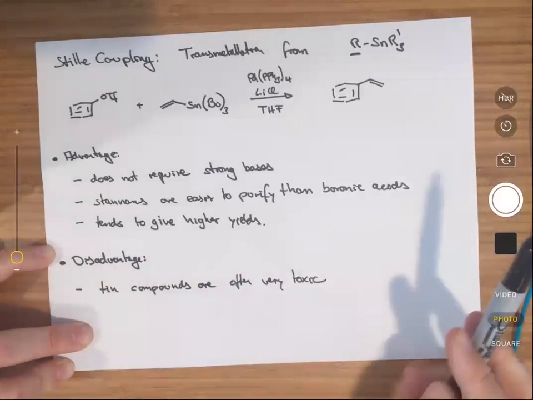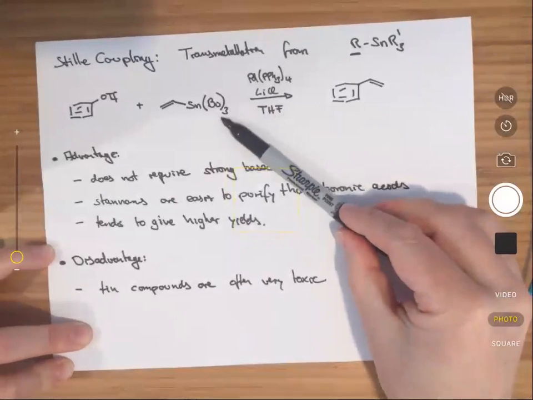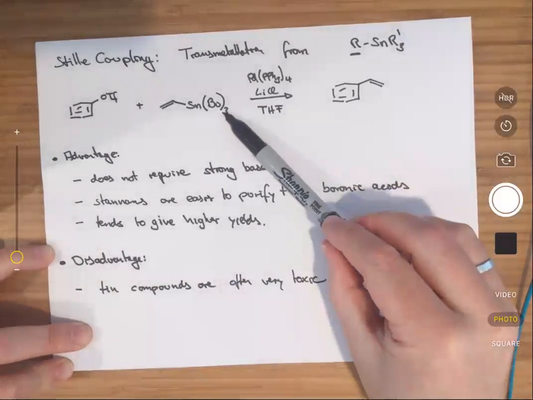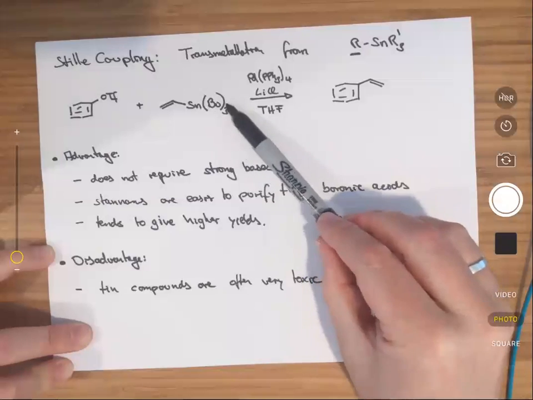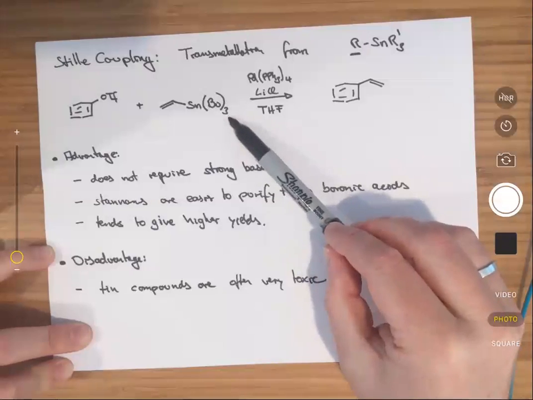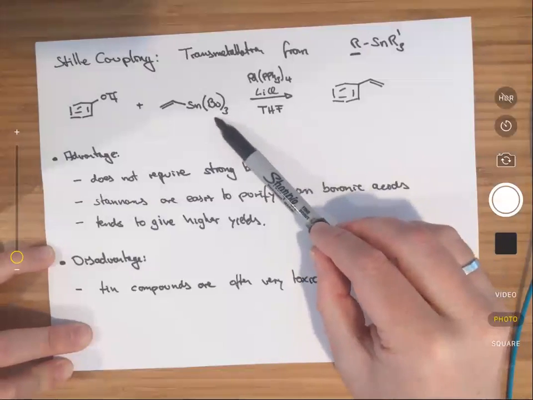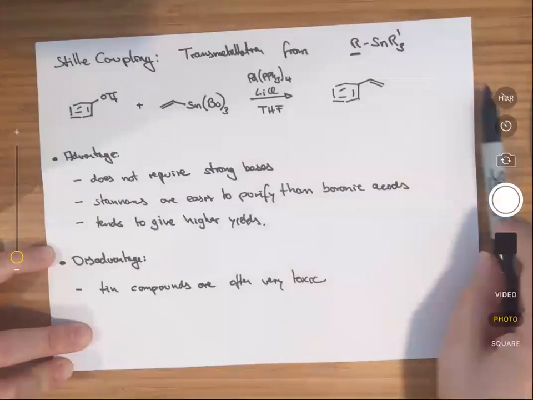And it turns out that the toxicity correlates very much with the size of these additional three alkyl groups here. The n-butyl substituted ones are not that bad. The trimethyl substituted stannanes are really toxic.